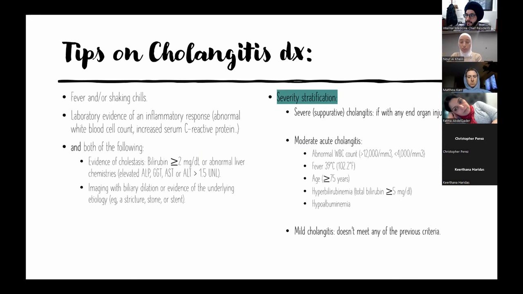It's severe if there is any end organ damage like respiratory dysfunction, septic shock, acute kidney injury. It's moderate if there is no end organ damage, but there is a high risk patient, including age more than 75, white count more than 12, bilirubin more than 5, and low albumin. Mild cholangitis usually doesn't meet any of the previous criteria.